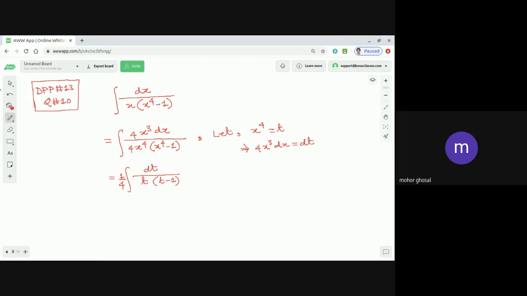Any other question, dear students? We will take two more classes to complete indefinite integration, and then we'll take another couple of classes to complete the definite integration, which is also very important.